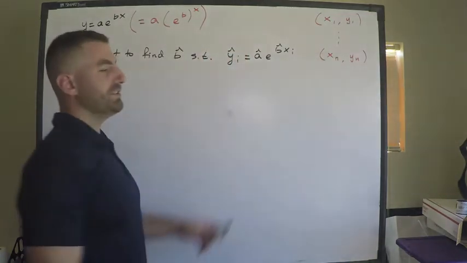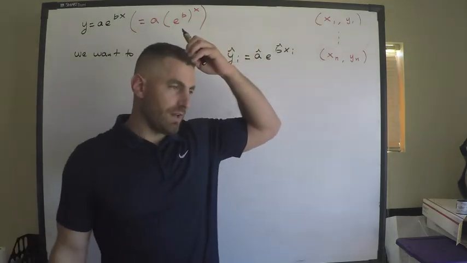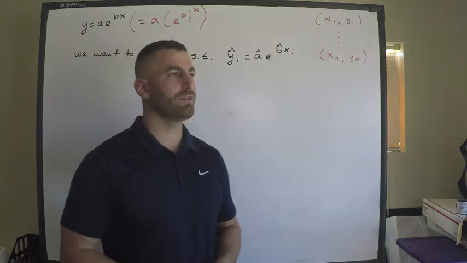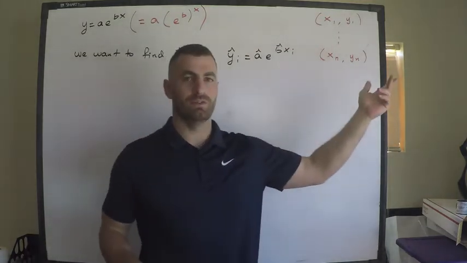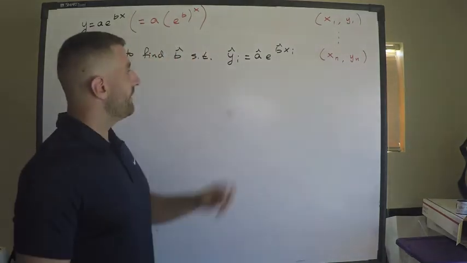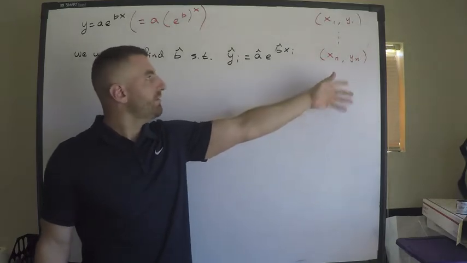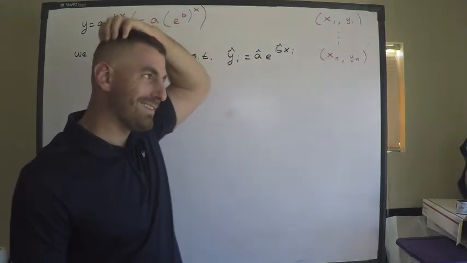So maybe we're given a bunch of data points and we perform some sort of goodness of fit test, maybe like r squared, and we determine that the exponential curve fits this data well. So I want to find specifically a hat, b hat, such that it fits this data well. This is why the i's are subscripts for the yi and the xi.